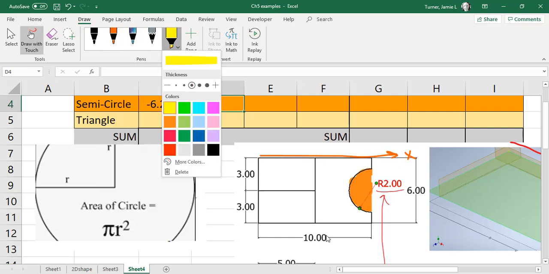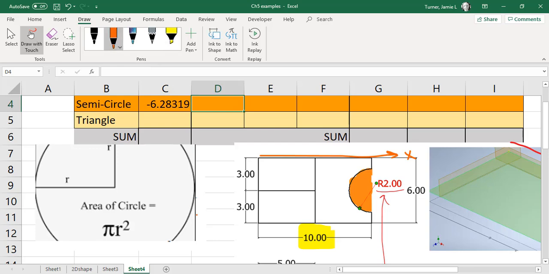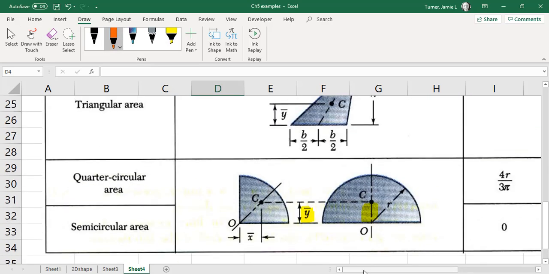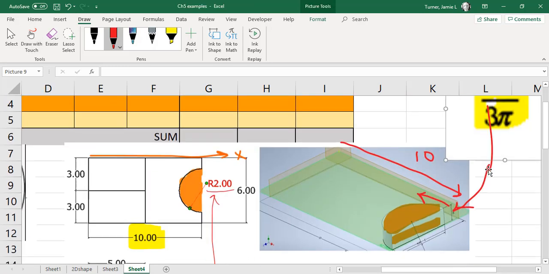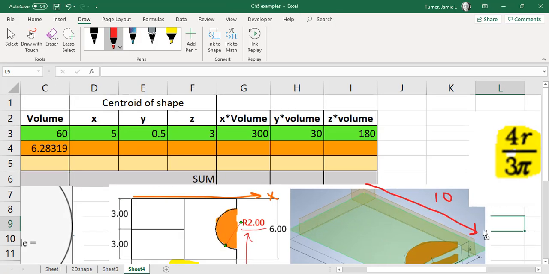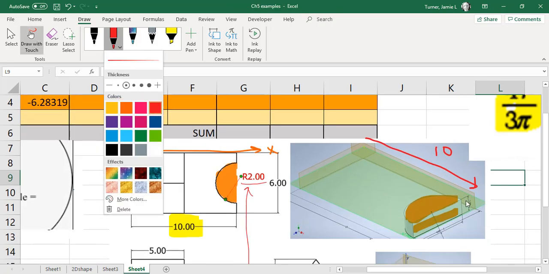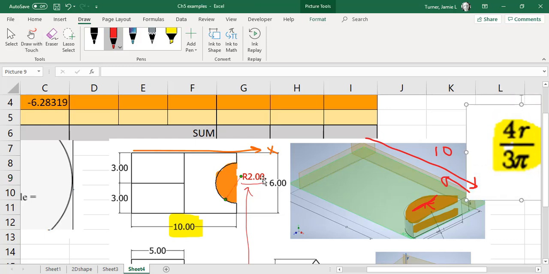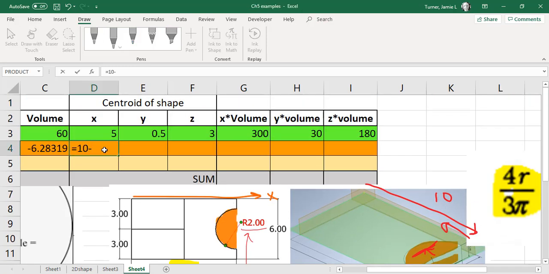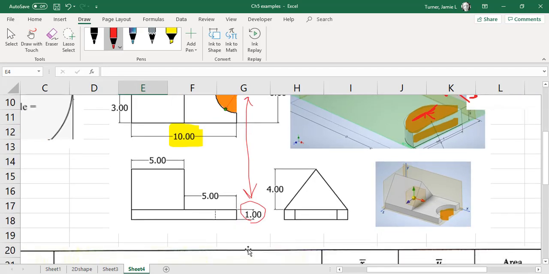Now to find the centroids, we're measuring this with respect to the coordinate system. So you look up on the table, and you see that it's 4r over 3 pi from the base of the thing, but we're going to have to take that from the origin. So we're going forward 10 and then back 4r over 3 pi. So really make sure that you're measuring these things with respect to the coordinate system that's given.